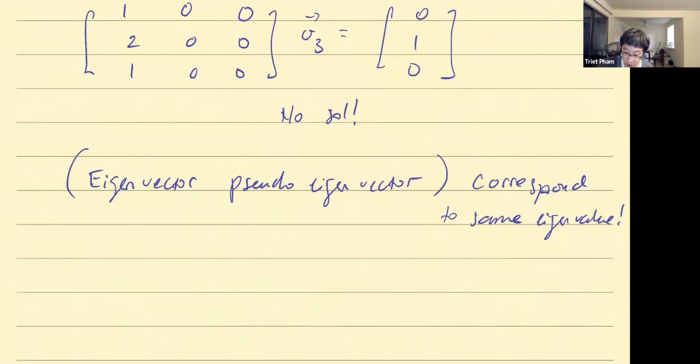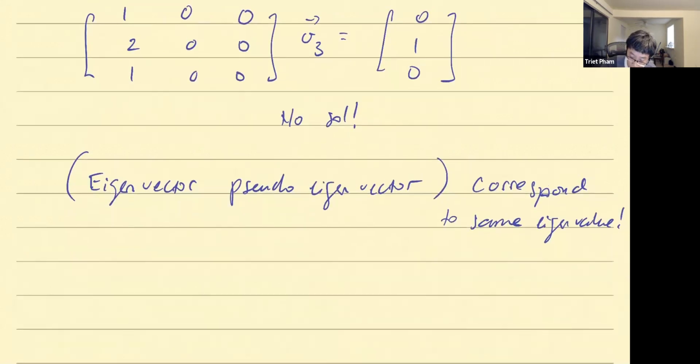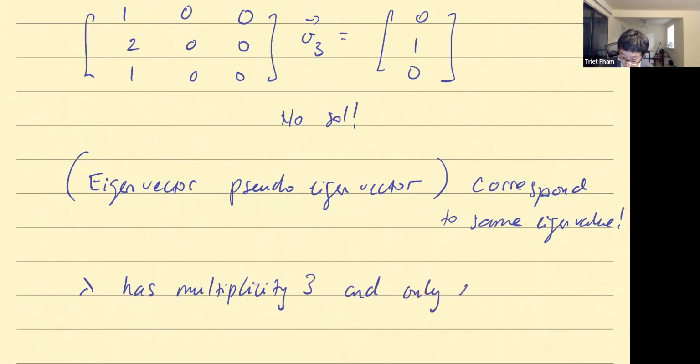Suppose lambda has, let's say, multiplicity 3 and only one eigenvector. Then the two pseudo eigenvectors will be this.